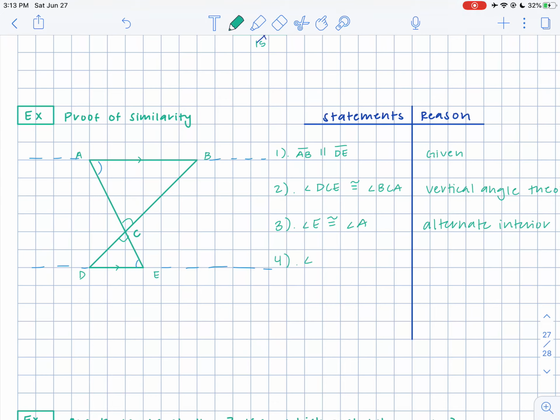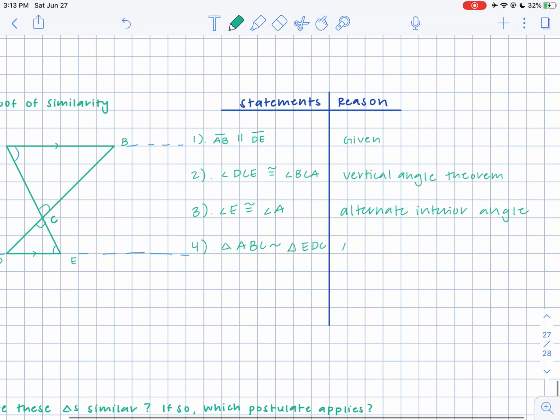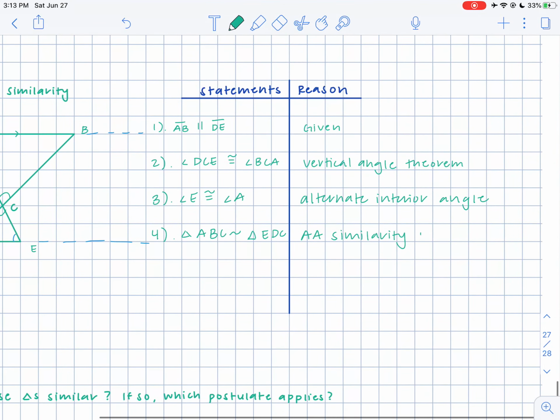So now we can conclude that triangle ABC is similar, this is the notation for similar, to triangle EDC. And again, what is the reason? It's because of the angle-angle similarity postulate, where two angles of one triangle are congruent to two other angles of the other triangle. Therefore, they are similar.